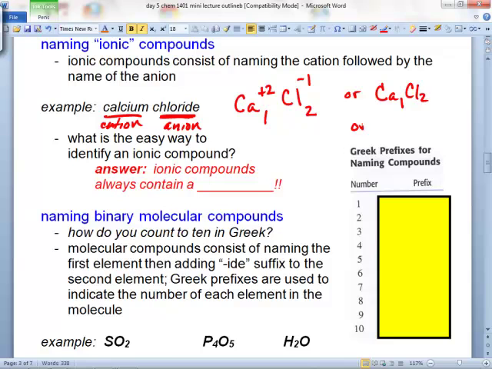A lot of people, this is going to be the most common though, because no one ever writes the little 1s. But we're just starting out, so it's fine. Okay. So you can write it with the charges in there, or it's just important to have that ratio of 1 to 2 in there.